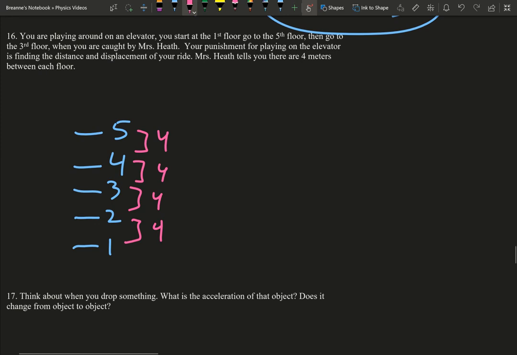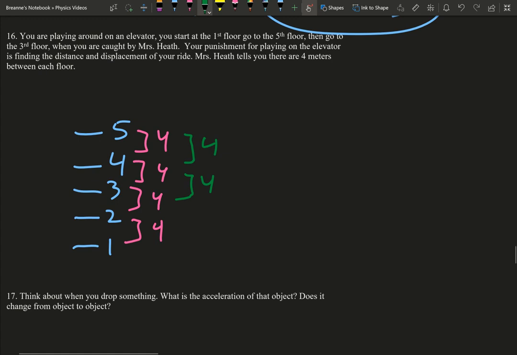So you've traveled 16 meters just going to the 5th floor. But then you didn't stay on the 5th floor. You went down to the 3rd floor. So you went from 5 to 4, 4 to 3. So that's another 4 meters.